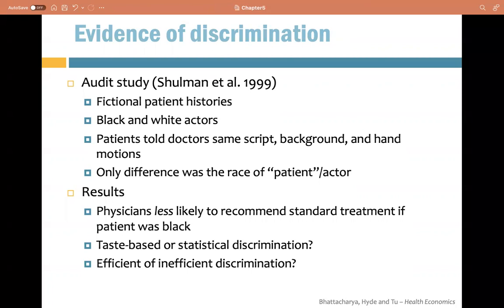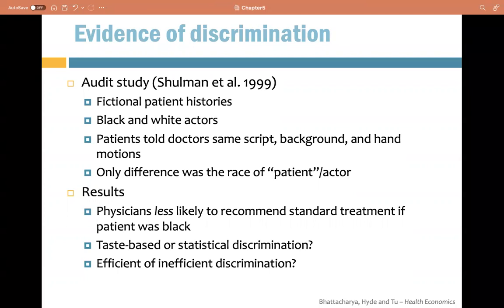So these actors will tell exactly the same thing, making sure that the control group and treatment group are the same, and the only difference is their race. The study finds that physicians are less likely to recommend standard treatment when the actor was Black.